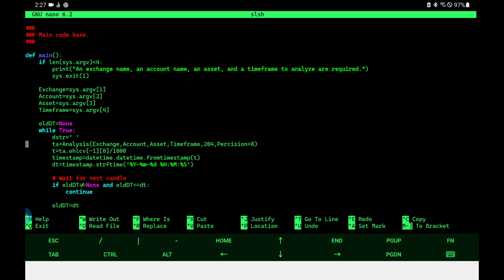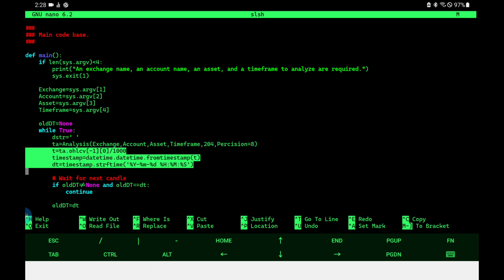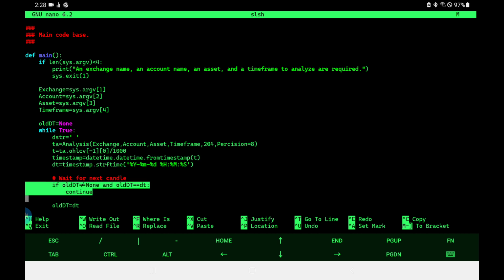And as I actually get the time itself, and I put it in a string, then I take a look at the time. If the old time is not none, meaning we've done this over more than one time, and the old time equals the current time, then we just get out, go back up to the top, and do it again.